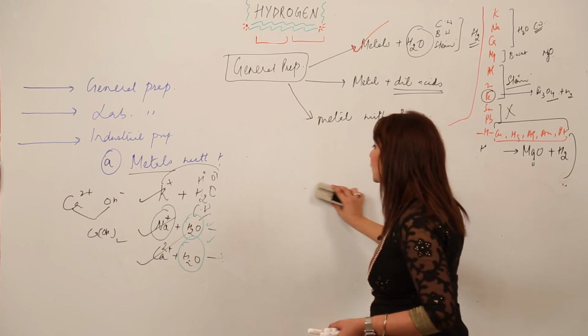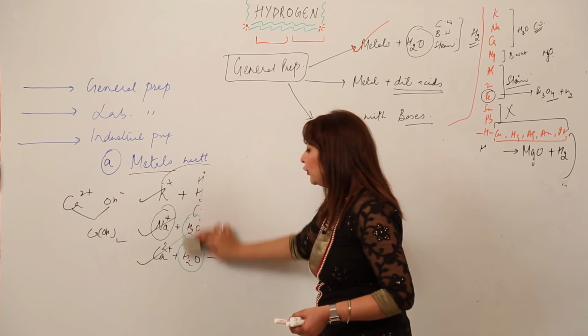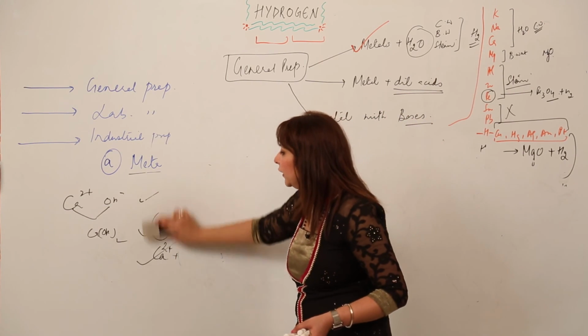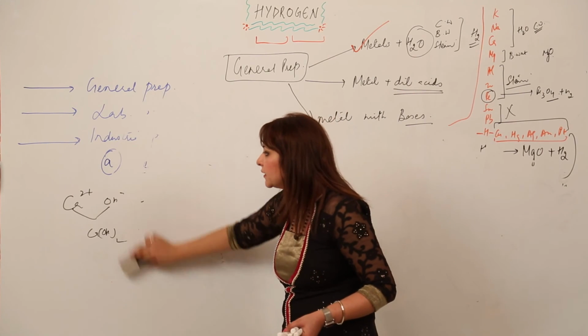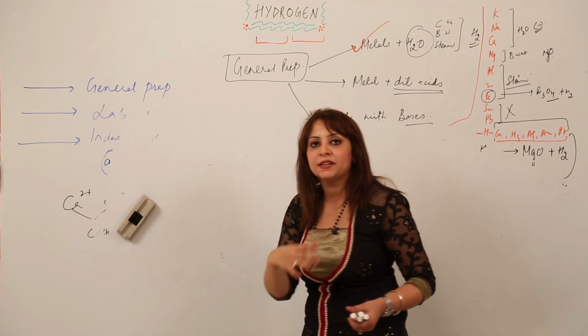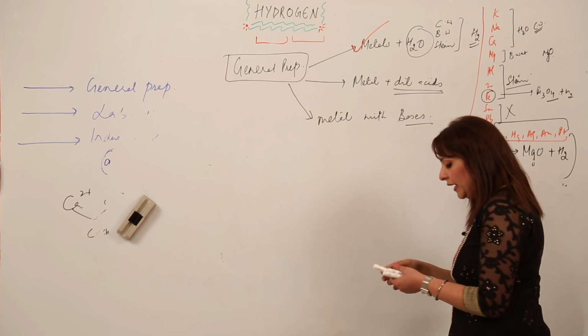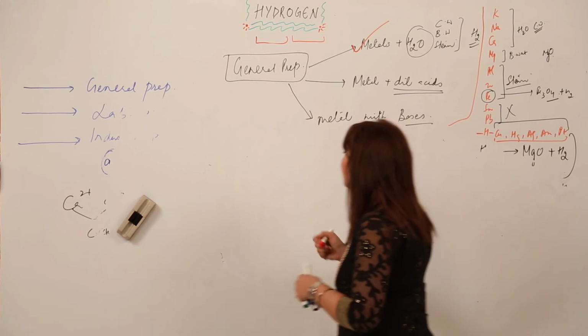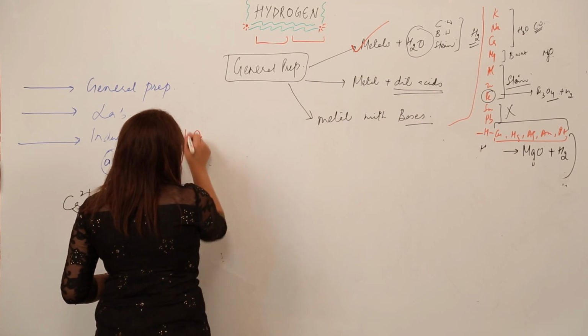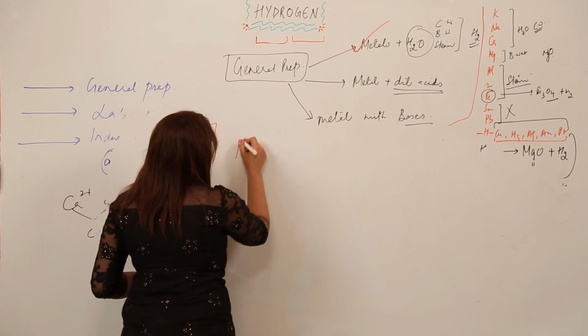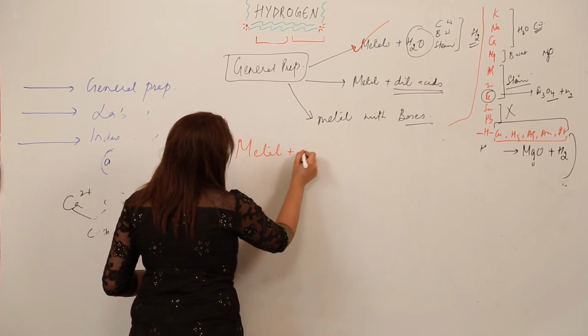Similarly in this case, it will combine with the radicals, the chlorides, fluorides, bromides, leaving hydrogen aside. That means it will lead to the formation of hydrogen as well. I am stating this with an example. So the second general preparation we are studying is the reaction of metals with dilute acids.